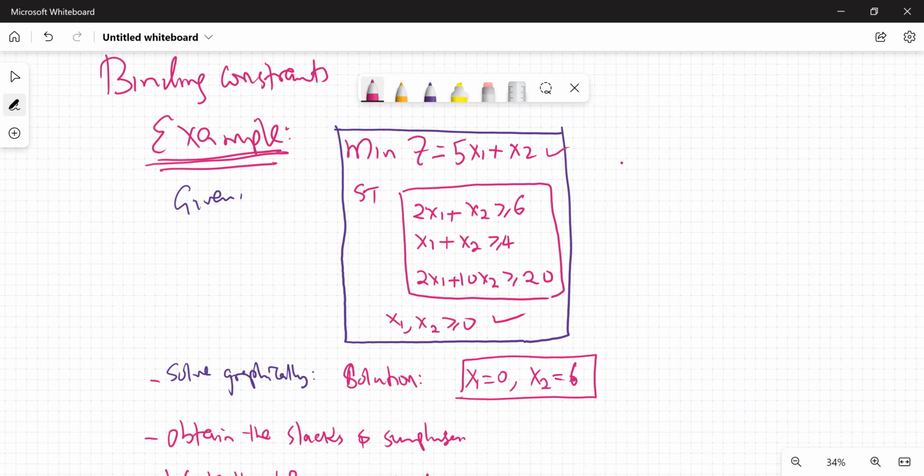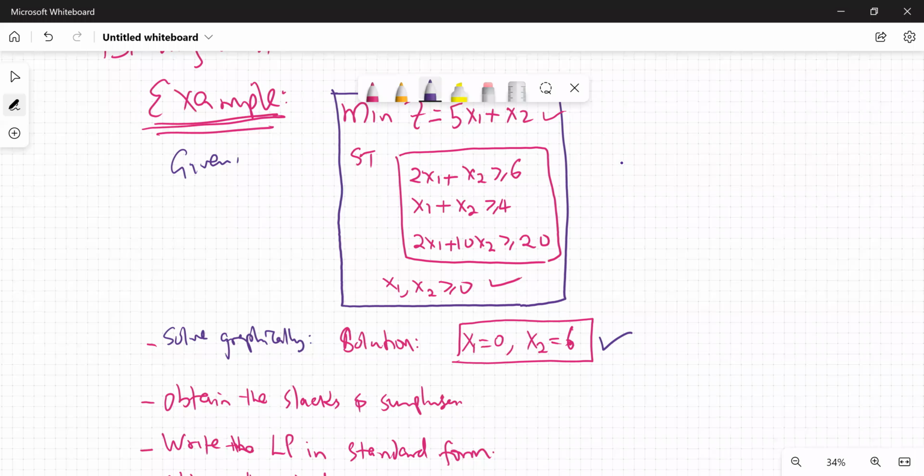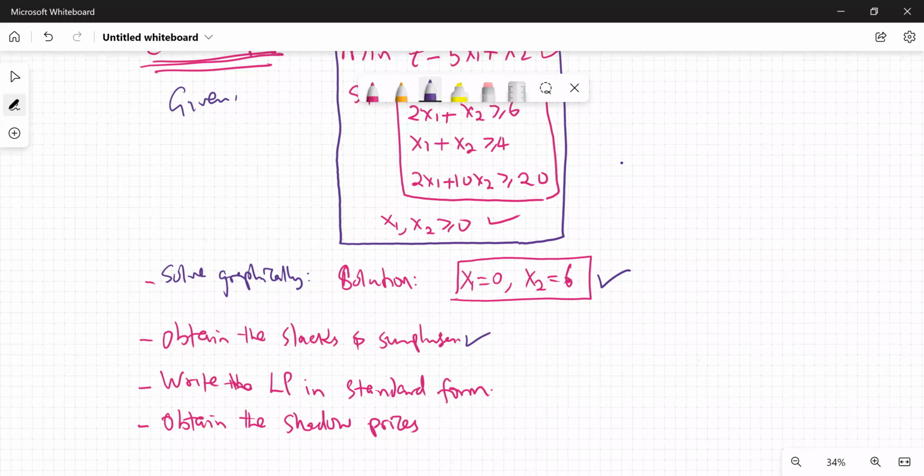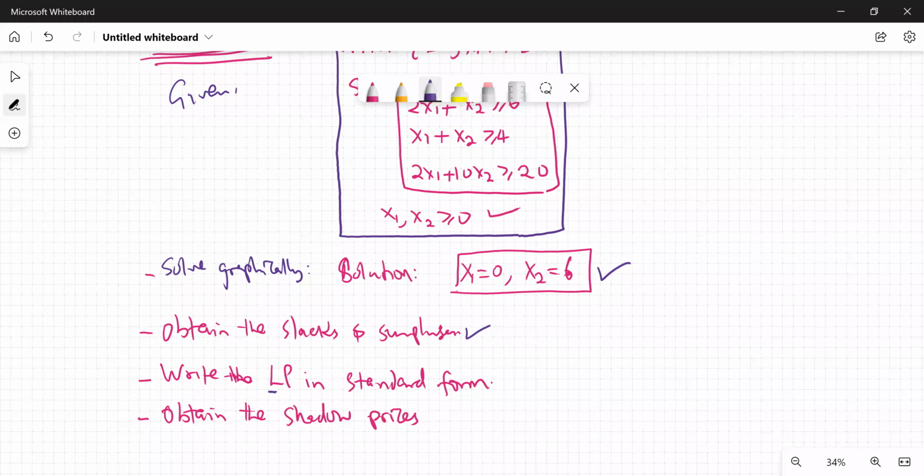And suppose you solve this problem graphically or by whichever method, and you obtain this solution. Then from what you have done, it should be possible for you to obtain the slacks and surpluses for this scenario. And then something that you have not mentioned is to write the model in standard form. That means now you incorporate the slacks and the surpluses. Then you obtain the shadow prices.